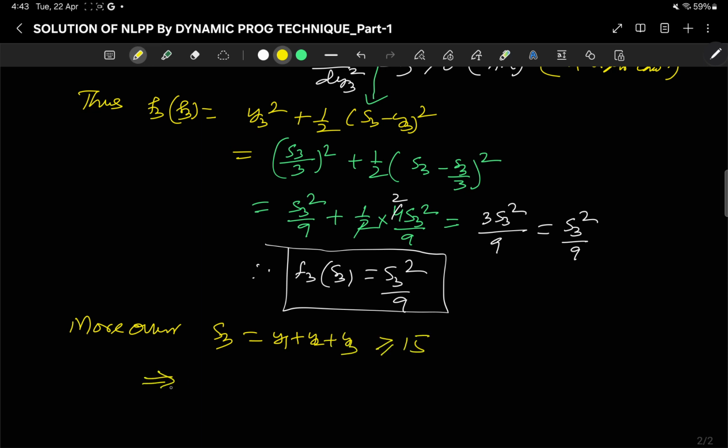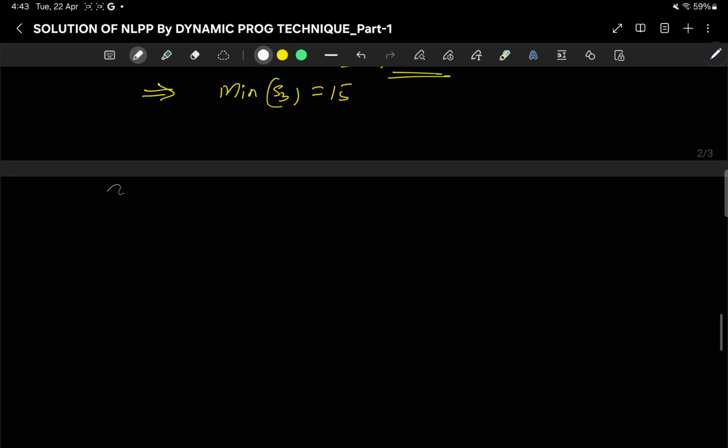What does it mean? It means the minimum value of s3 is 15. Since we are looking at the minimum value, my s3 is equal to 15. If s3 is equal to 15, what is my y3? y3 is s3 by 3, so this is equal to 5.